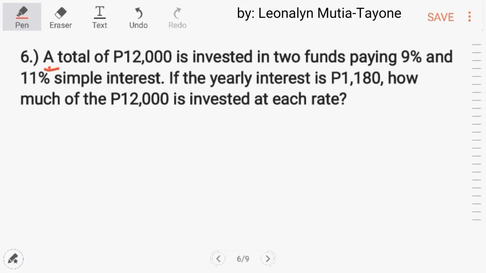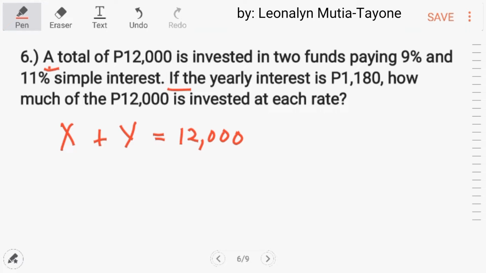Itong sentence number 1, a total of 12,000 is invested in two funds paying 9% and 11% simple interest, can be restated as, let X be the amount of money invested at 9% plus let Y be the amount of money invested at 11% equals 12,000.